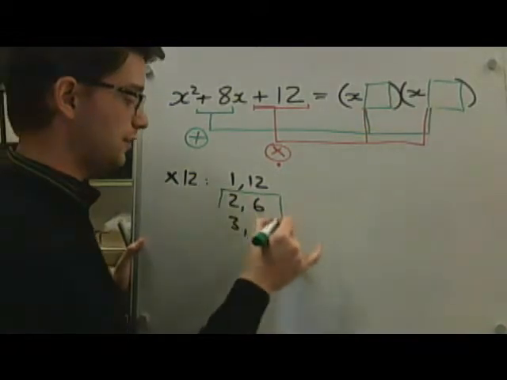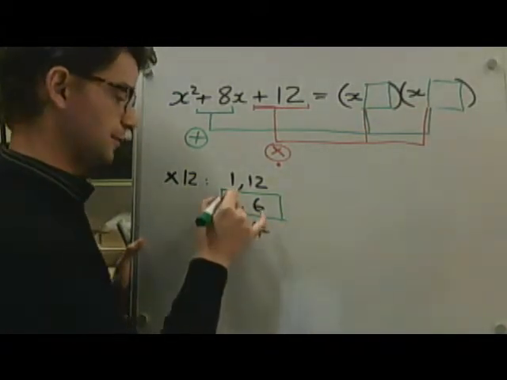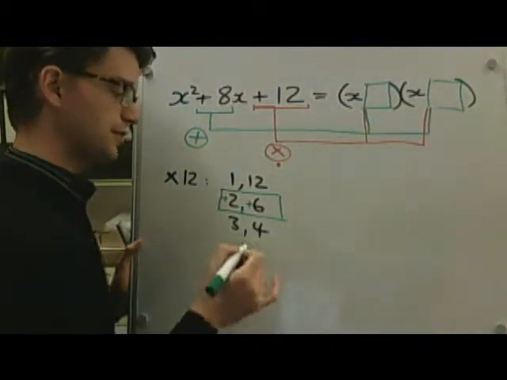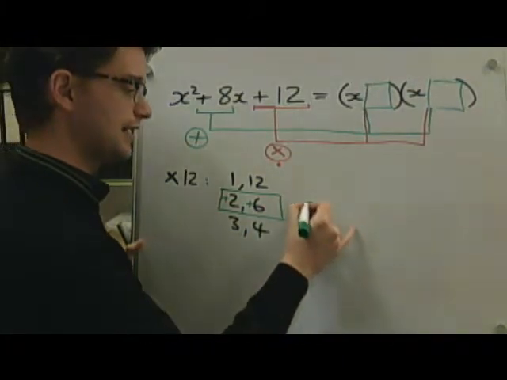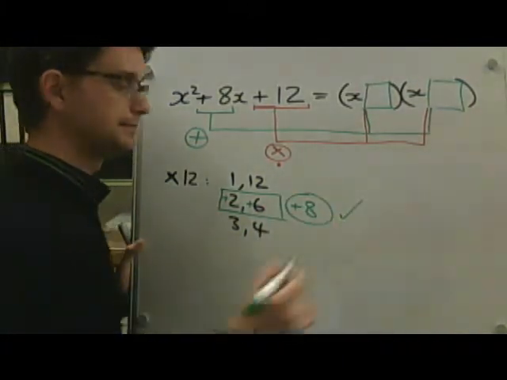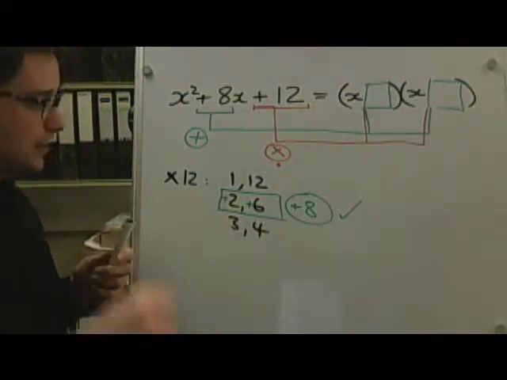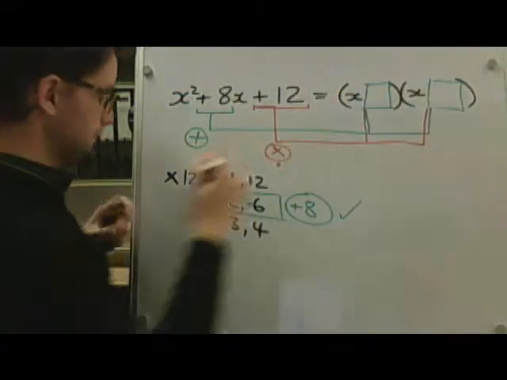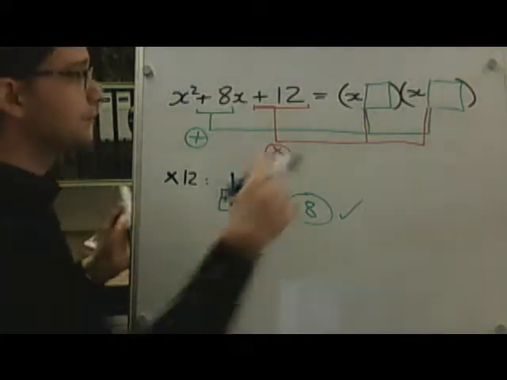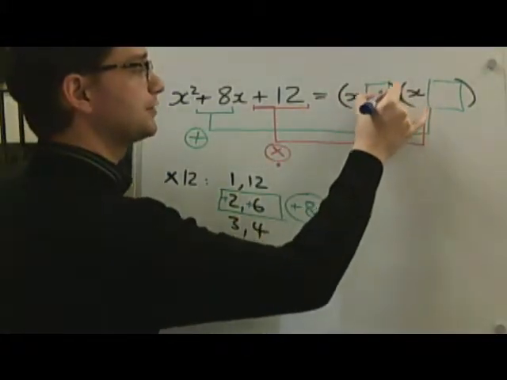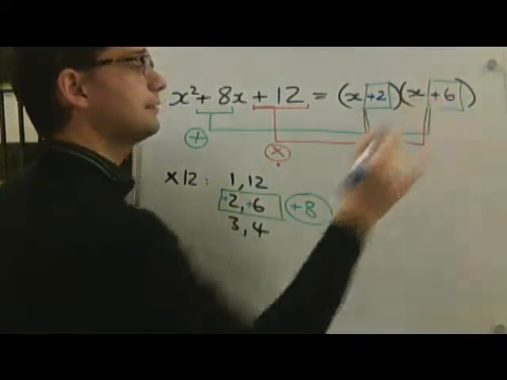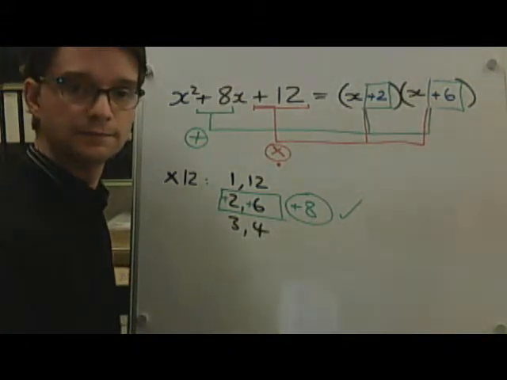And I think this pair, with positive signs in front of them, add up to 8. So I have to put plus 2 in here and plus 6 in here.